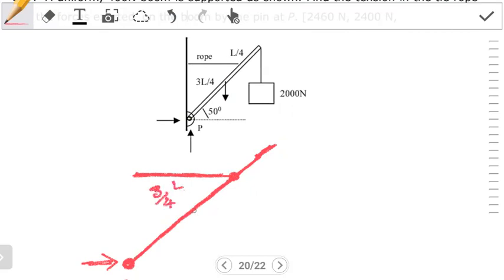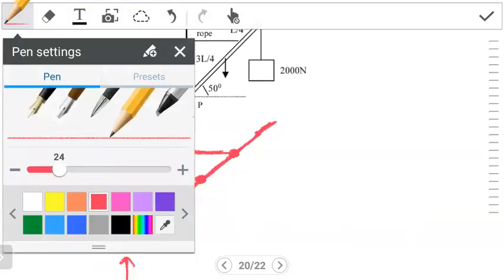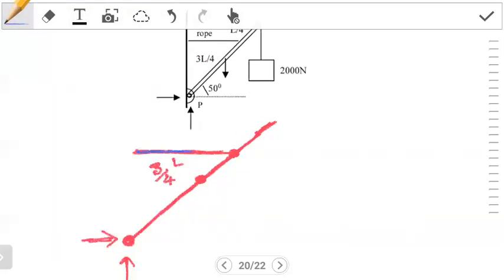And then we have a weight, the weight of this object acting to this point. Let me use blue for these forces. And then the weight here is going downwards.